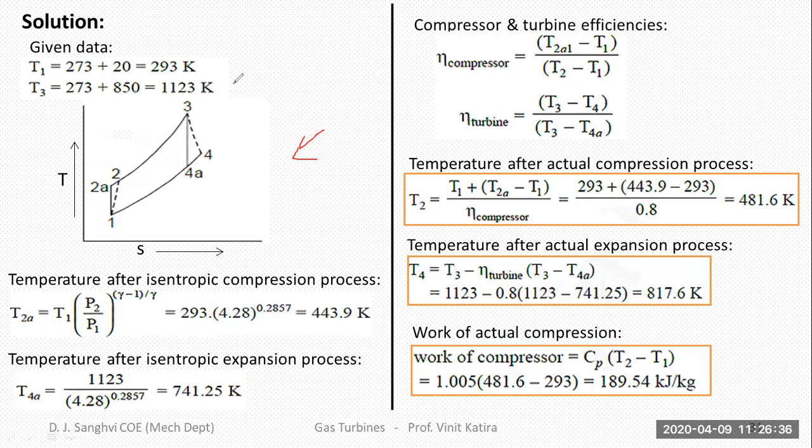Here, T1 and T3 are given, and the pressure ratio is given, so we can straight away find the temperature after the isentropic compression, that is T2A. You can start solving simultaneously. You should get T2A as 443.9, or 444 Kelvin.